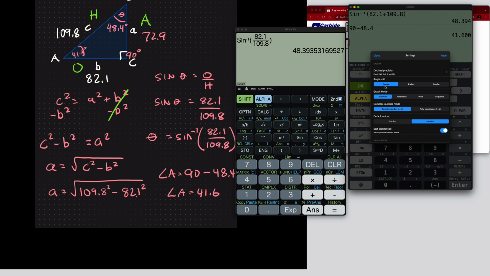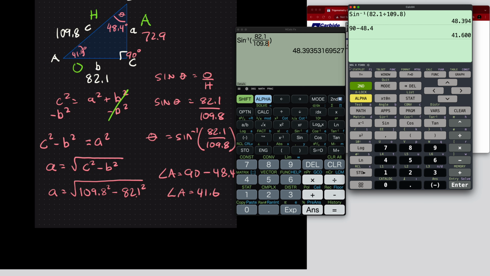Definitely while I'm in here, make sure, this is quite often unfortunate for a student, they'll be in radians or gradians when they're doing the calculations, and all your answers are going to be wrong. We need to do these calculations using degrees. If you look on my calculator right here, it says DEG. So somewhere on your calculator, you will see a DEG, and same with this one. You want to make sure that that is stated on your calculator before you start doing these. Otherwise, you're going to do every question and you will get them wrong.